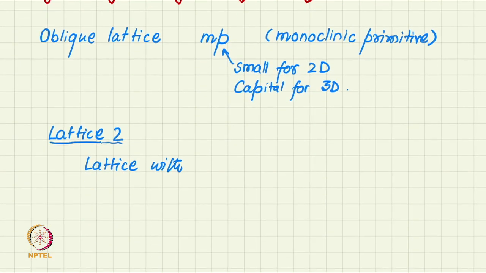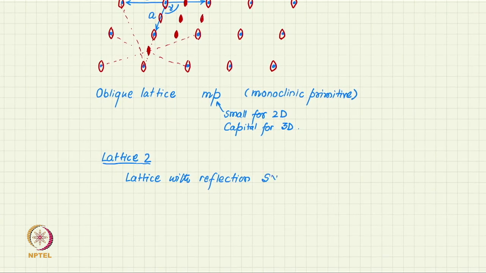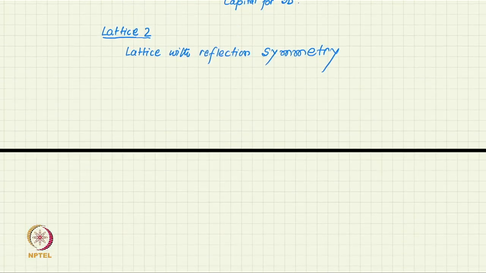So, if I have a lattice with reflection, so let us have a mirror plane. As soon as I have a mirror plane, there are certain constraints on the lattice points.